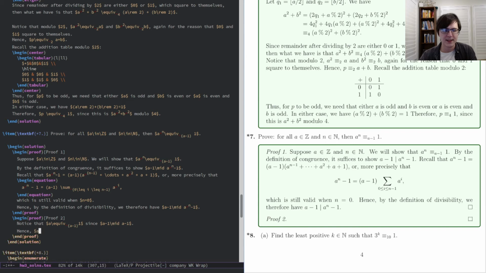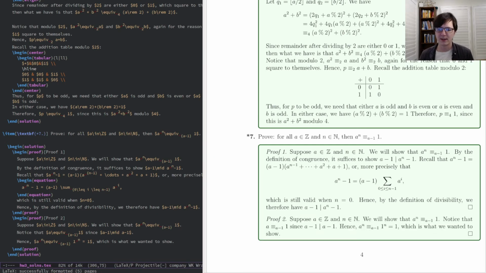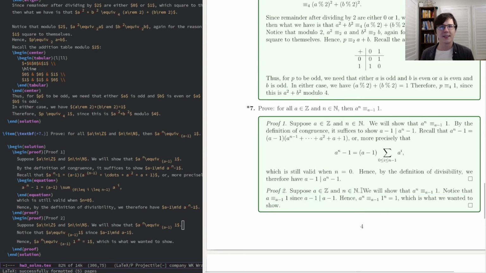Hence, a to the n is equivalent to 1 to the n, which is equal to 1, which is what we wanted to show. So let's copy the first line to make it a fully specified proof. And then that's that. That's the first proof I actually wanted to write, but I went through this first one because, well, it's a good one too.